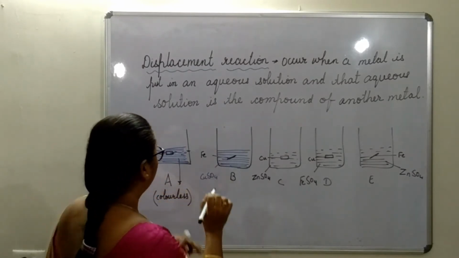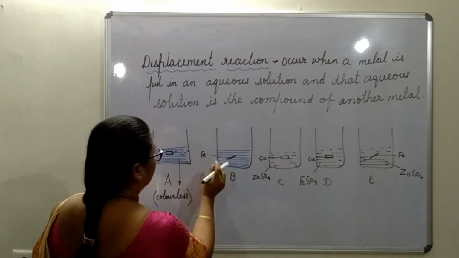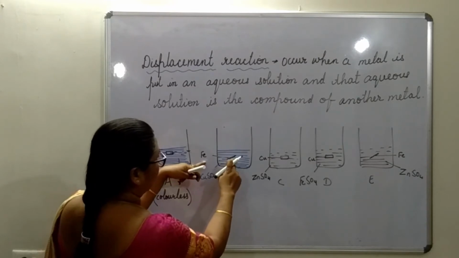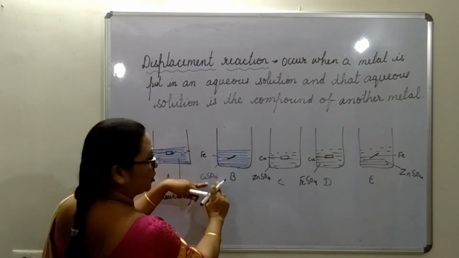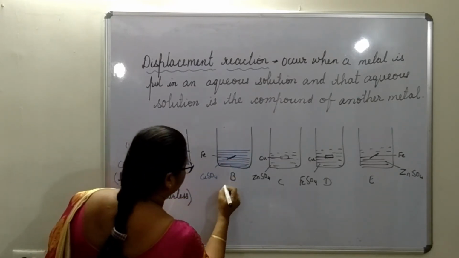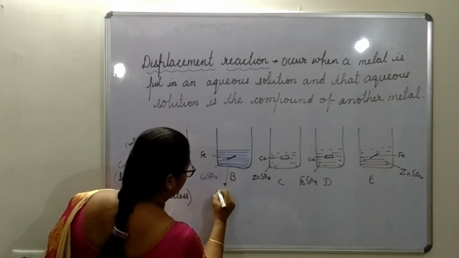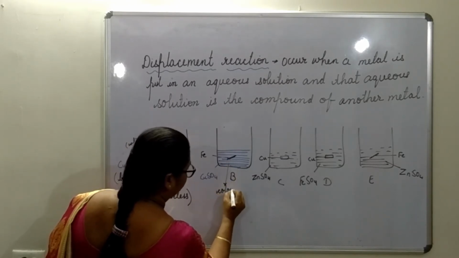Here also, when iron is put in the aqueous solution of copper sulfate, the color of the solution will become colorless.